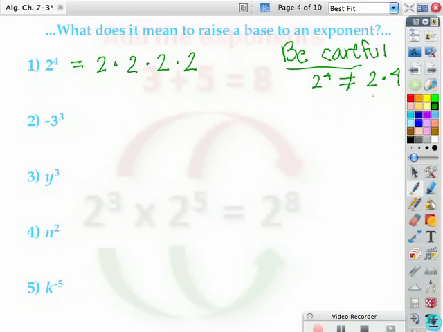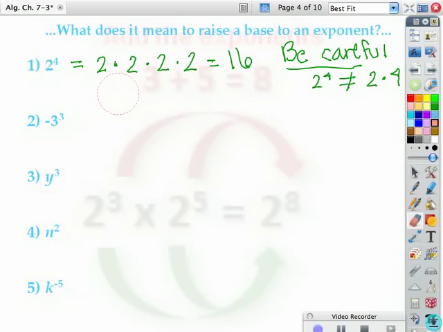Those are two completely different things. Okay, so this means 2 times 2 times 2 times 2, which in the end you get 4. Multiply by 2 again, and that becomes 8, and then by 2 again, and you get 16. Okay, so just make sure that you're using the powers correctly.